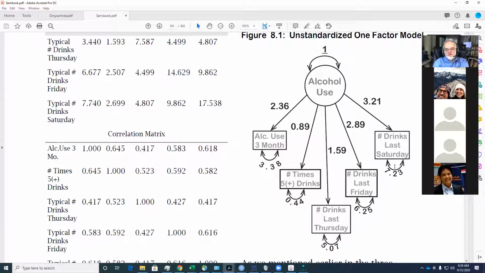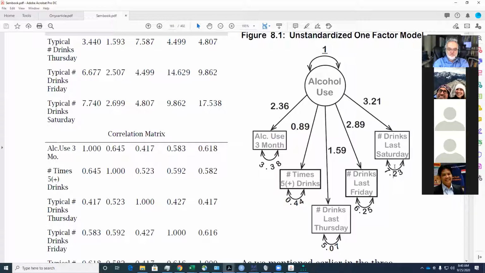In other words, I'm getting away with describing reality here, where reality is defined as all the variances and covariances, by invoking fewer parameters. And if that model fits well, I'm going to say this model has parsimony, that it explains a larger phenomenon via a smaller number of processes.